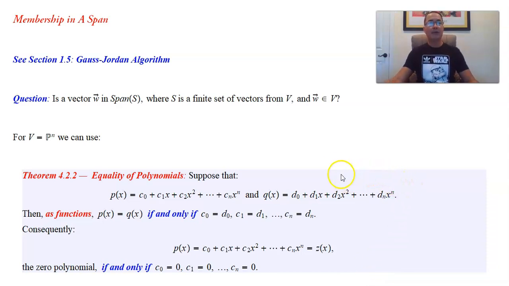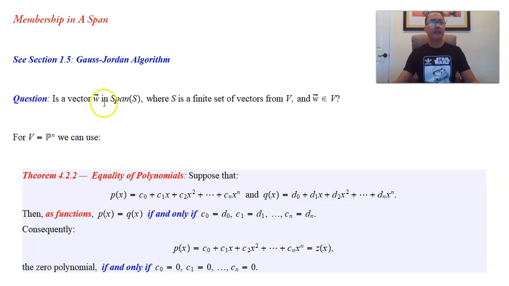All right, we're going to keep working on our polynomial spaces, but now we're going to talk about membership in a span. And I hope that that sounds familiar. We saw it in section 1.5 when we talked about the Gauss-Jordan algorithm. So the question is the same, essentially. We called it B in section 1.5. Let's call it W this time.